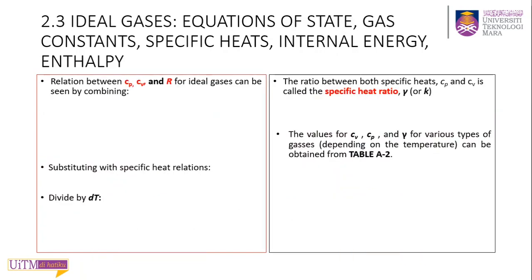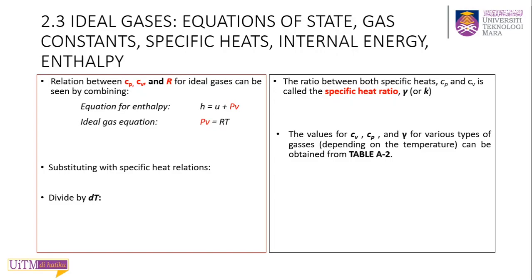Next, let's look at the relationship between Cp, Cv, and the gas constant R for ideal gases. The relationship can be seen by combining both the equation for enthalpy and the ideal gas equation.